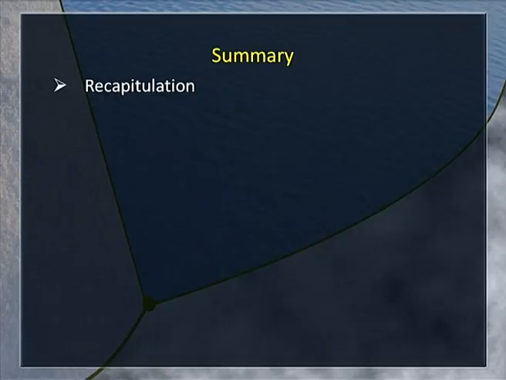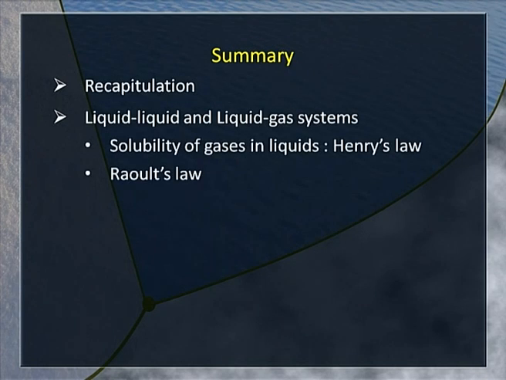Let me summarize what we looked at today. We recalled our earlier experience on phase equilibria. Then we started with liquid-liquid and liquid-gas systems, in which we discussed the solubility of gases in liquids.